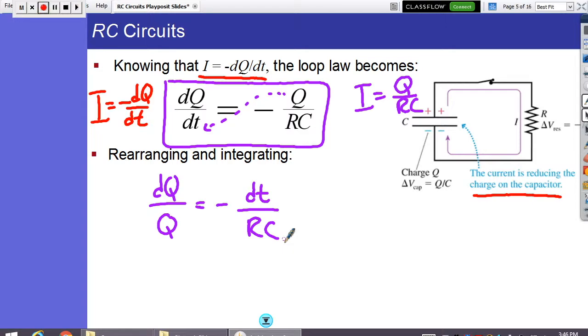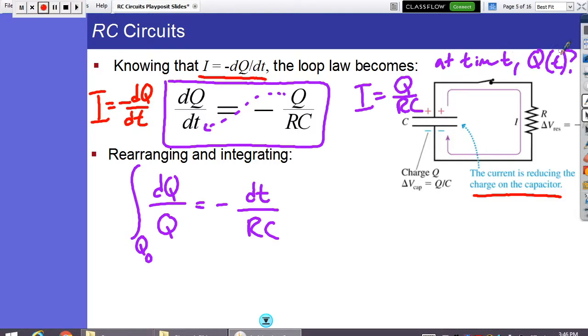All right, so now I want to do a little integral, and so I'm going to integrate both sides of my equation. On my left side, I started out at some initial charge Q0, and at some later time t, I want to see what Q is.